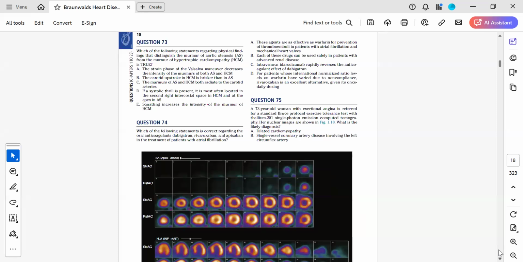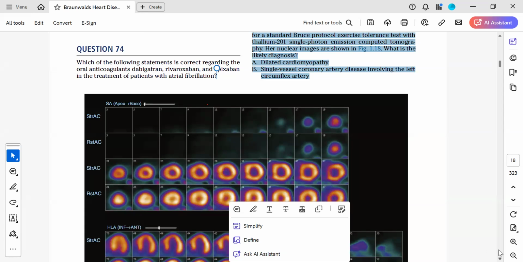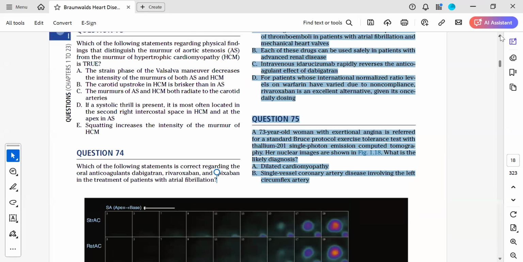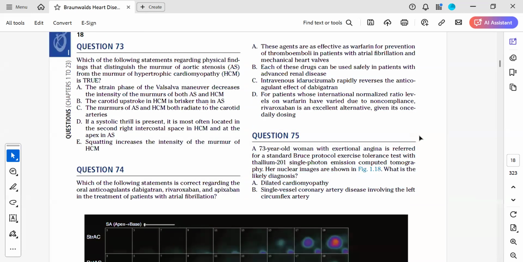73. Which of the following statements regarding physical findings that distinguish the murmur of aortic stenosis from the murmur of hypertrophic cardiomyopathy is true? A, the strain phase of the Valsalva maneuver decreases the intensity of the murmur of both AS and HCM. B, the carotid upstroke in HCM is brisker than in AS.